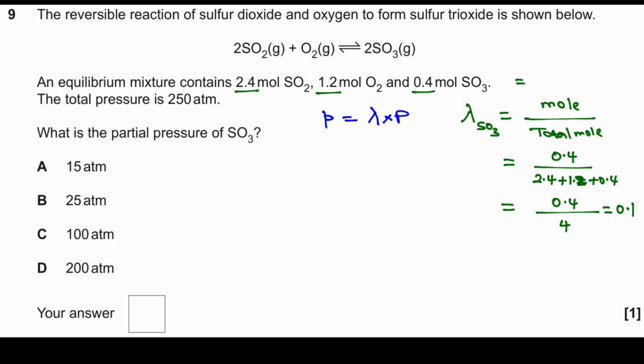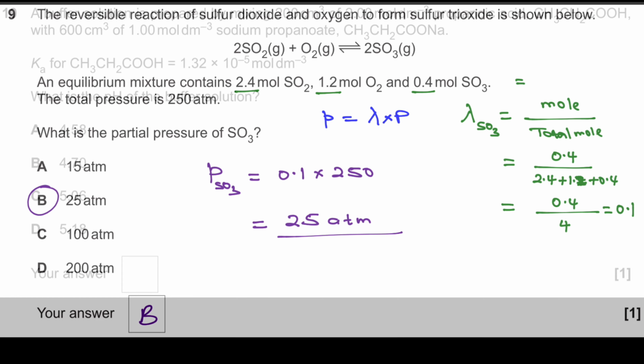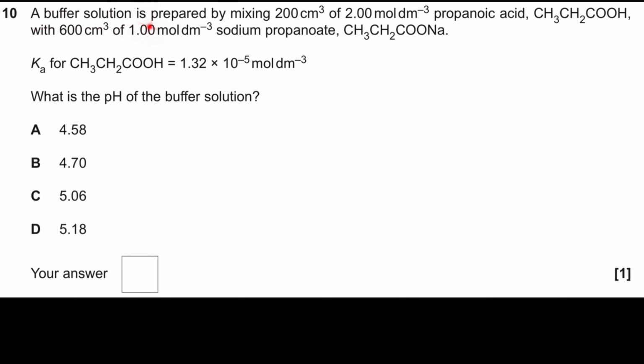But we're looking for partial pressure. The partial pressure for SO3 will be the mole fraction, 0.1, times the total pressure, 250, which is 25 atmospheric pressure. And that's B.